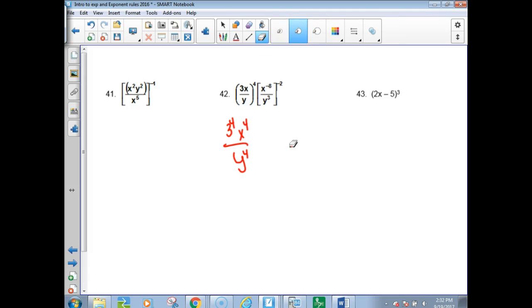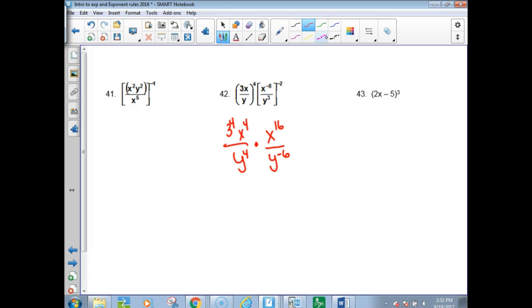I think we should just multiply them. And do you see why now? Because one's going to be negative and one's going to be positive still. So it's going to be x to the 16th over y to the negative 6. So I decided not to flip it.